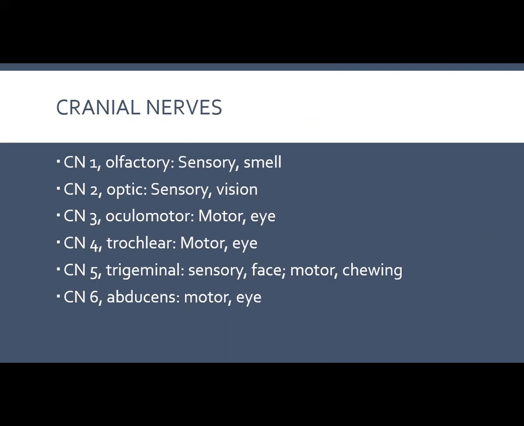One of the examples is for cranial nerve 5. You could use a pin versus cotton ball to test sensory, while motor would be that action of chewing.